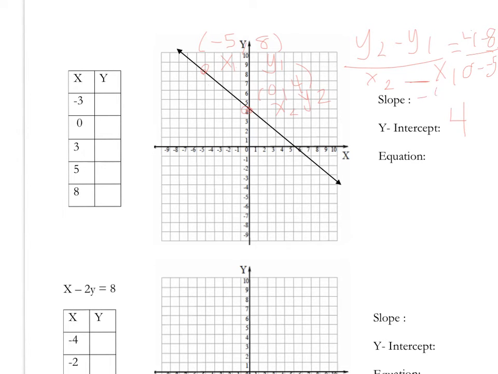So we're going to write -4/5 for my slope. My equation again is y equals mx plus b. So y equals -4/5 x plus 4. Now I'm going to put that in the calculator.